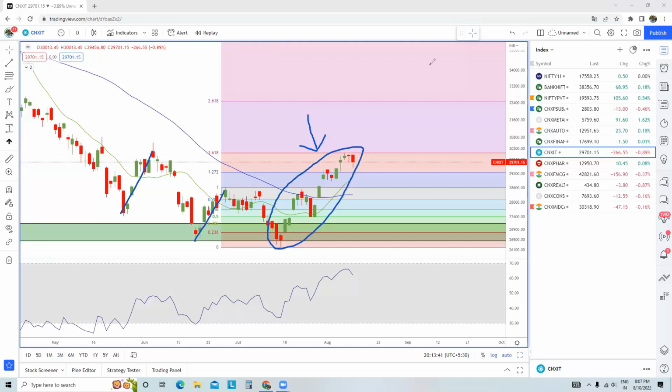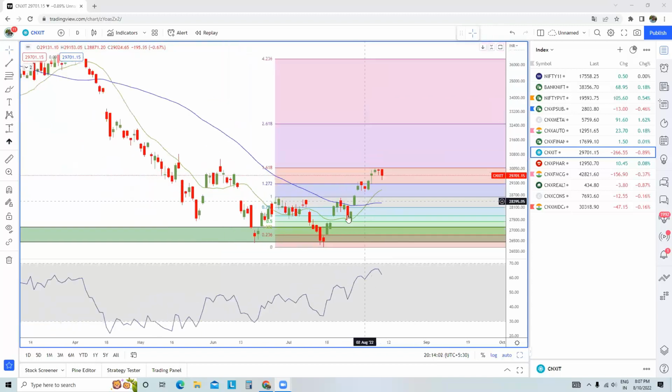And in the extreme short term, yes, it is slightly overbought, not that much, but a little bit of consolidation is possible. Maybe a small retracement could also be probable. Overall trend stays up, but in Infosys and in this particular IT pack, there could be some short-term consolidation possible.